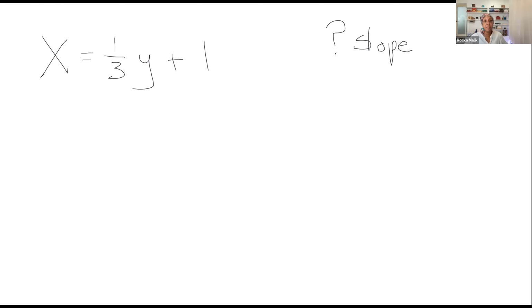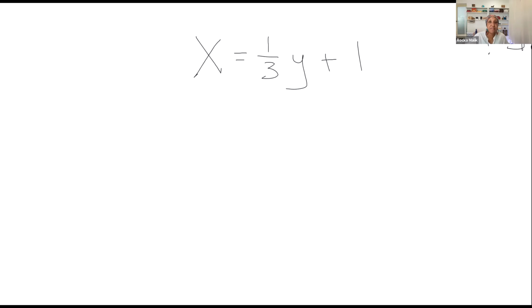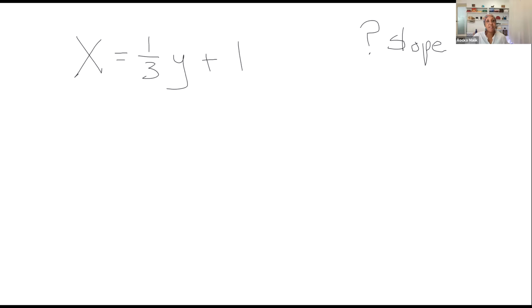Now let's see if we can put it into some format that we can see the slope easier. Because we don't have 2 points. If we had 2 points, we'd be able to do the y2 minus y1 over x2 minus x1, but we don't have that. We just have it in this format.